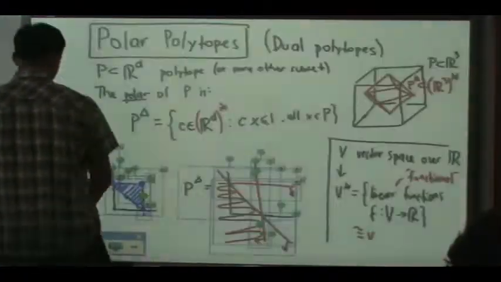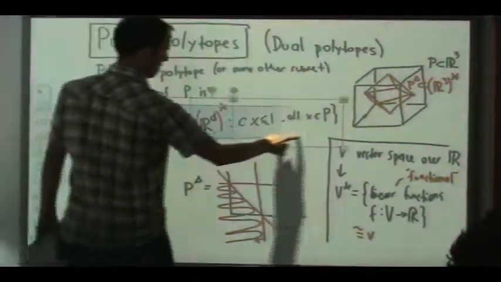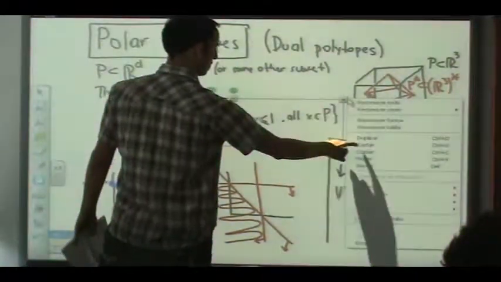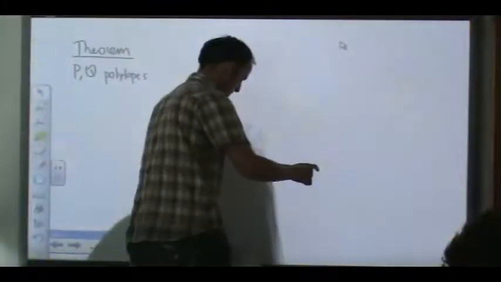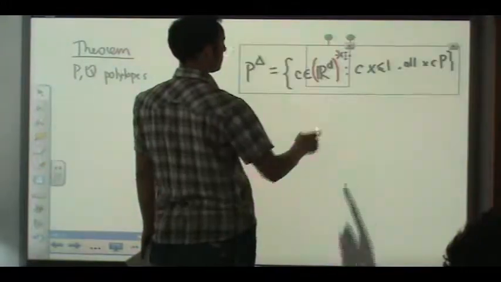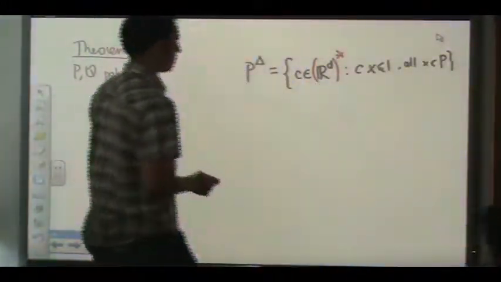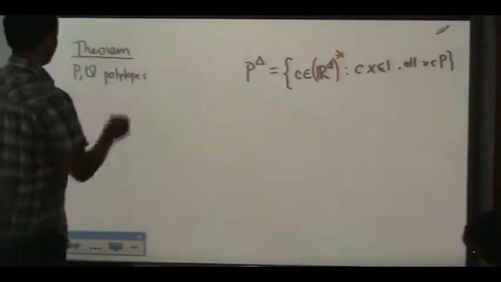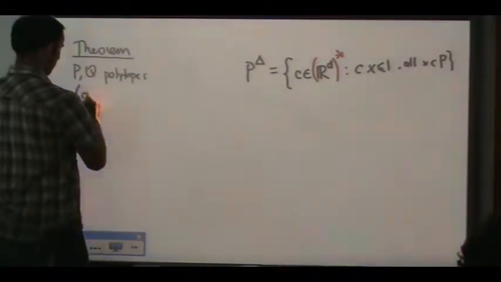And what I need is this. So P and Q are polytopes. So let's make a bunch of statements.